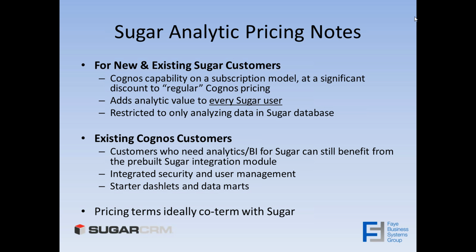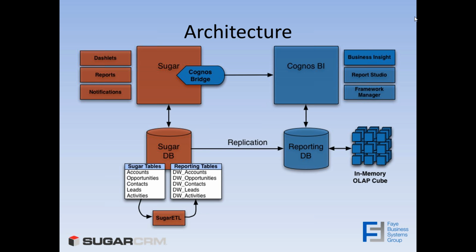And we are talking to customers now who, let's say your Sugar renewal is not scheduled to happen until the fall of this year. Then the simplest thing to do is to get a subscription to Sugar Analytics from now until fall, and then in the fall time frame, to have everything renew all at the same time. So that's just standard add-on pricing in terms of renewal time frames.